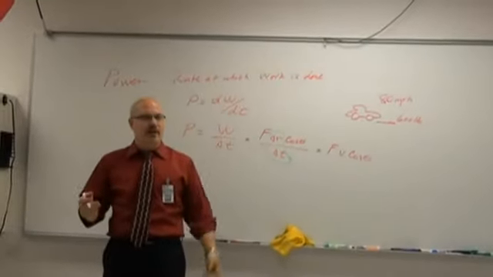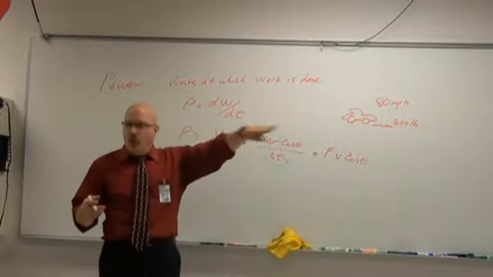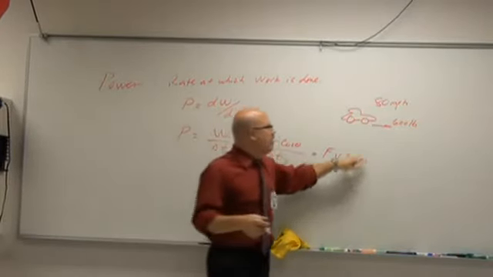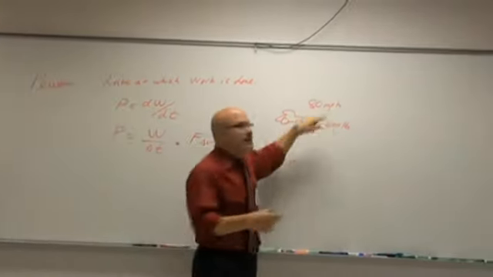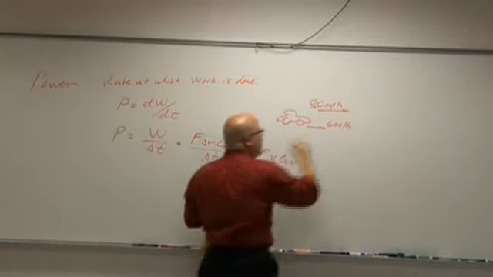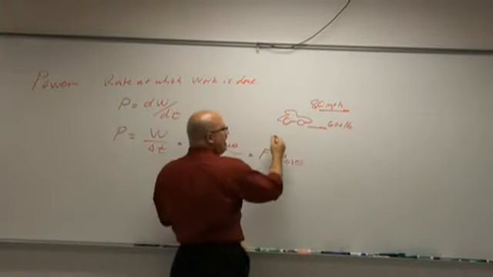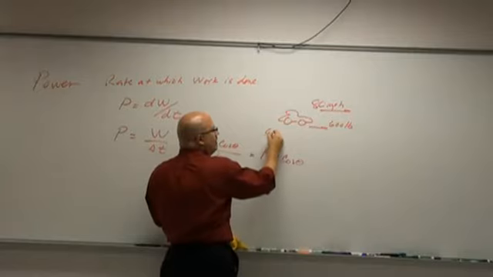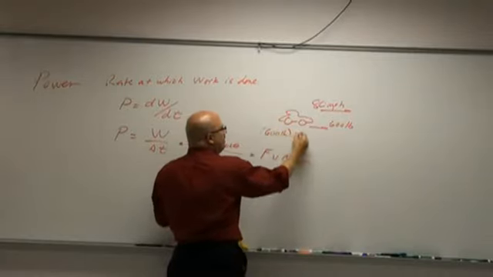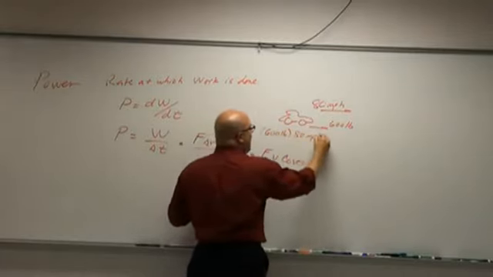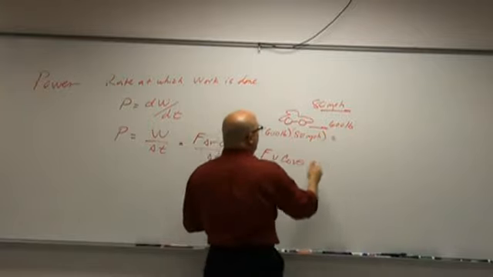It's a pretty good bet that the engine is pushing you forward, right? So the angle here would be 0 between these two, because you're moving this way and you're going that way. So we would have power of 600 pounds times 80 miles per hour. So we would have, what is that?